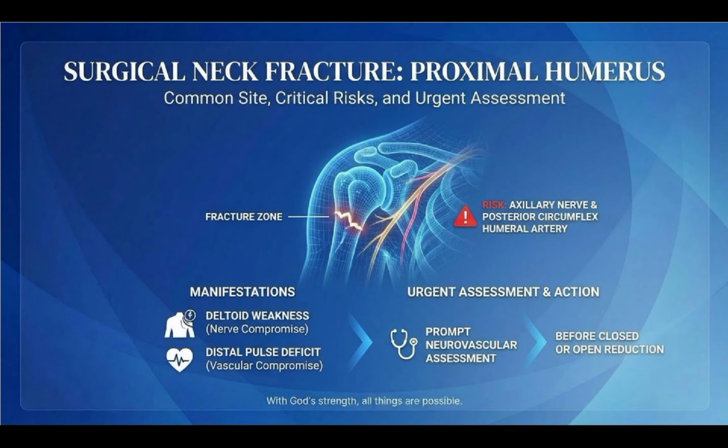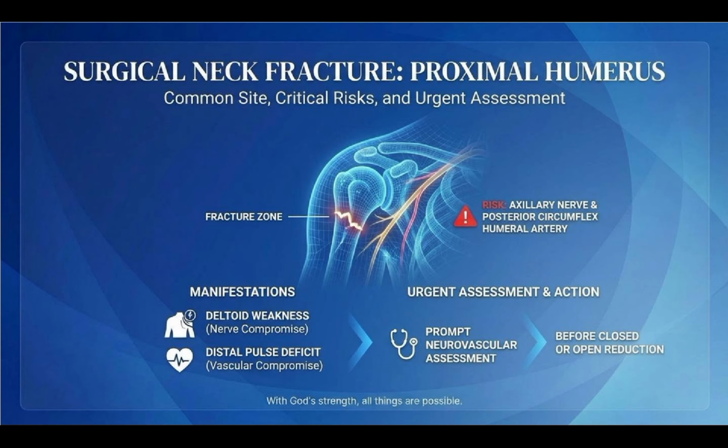So we have the surgical neck fracture, the proximal humeral common sites, the critical risks, and the urgent assessment. The surgical neck, I told you, is the easiest part that can be fractured at the proximal end of the humerus. The surgical neck is surrounded by the circumflex humeral arteries and the axillary artery. When these are damaged, it can lead to paralysis.